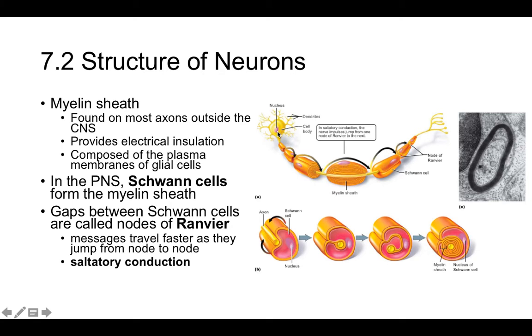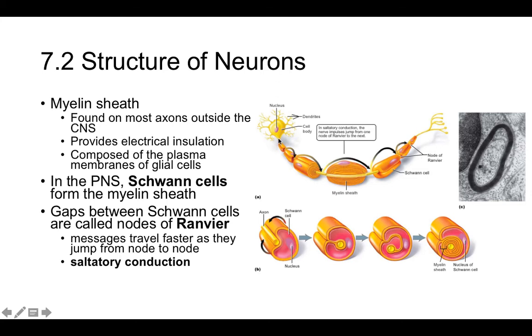Now, if you look up here at this picture, you'll notice that the Schwann cells are not like the rubberized coating of the electrical cord on your laptop. There are gaps between them, and we call these gaps nodes of Ranvier. And the myelin sheath allows the electrical impulse to move much quicker than it would if it had to travel the entire length of the axon.